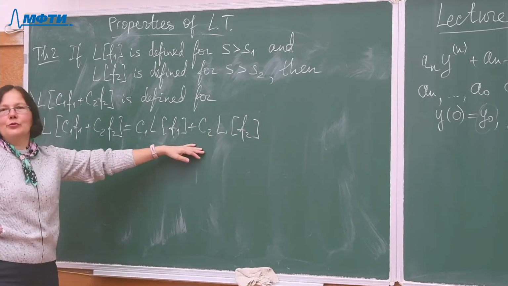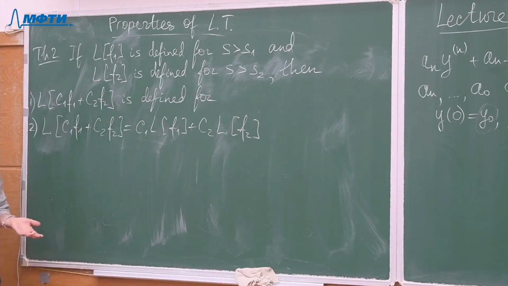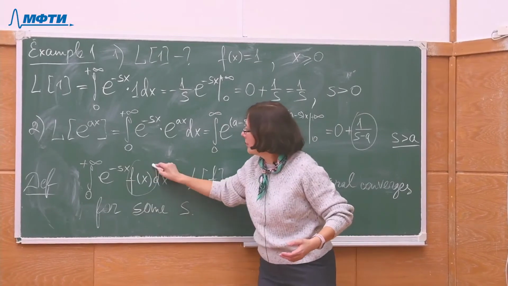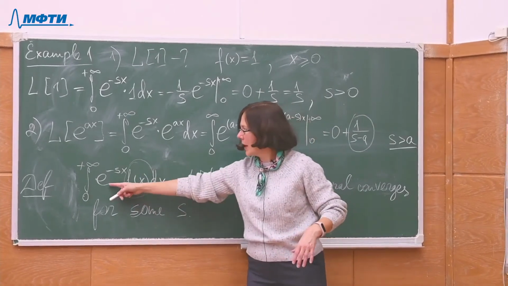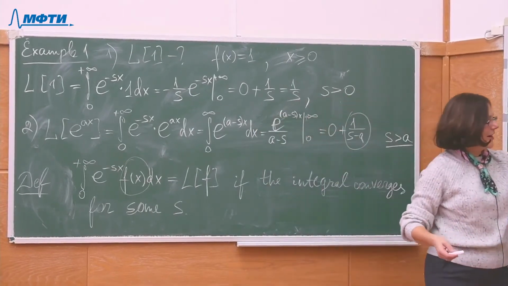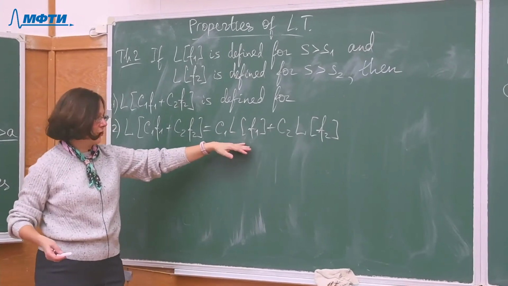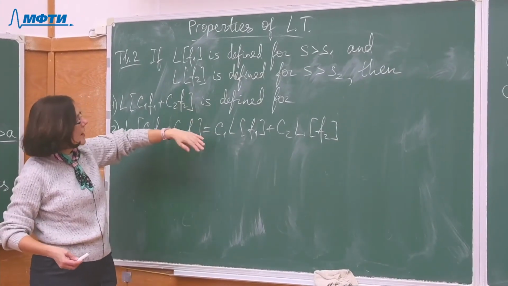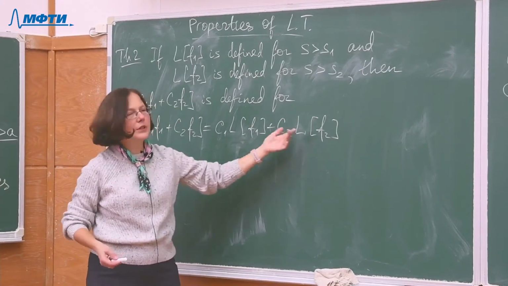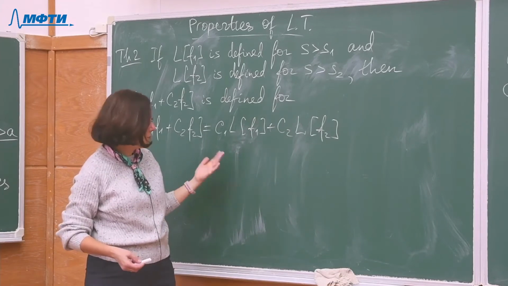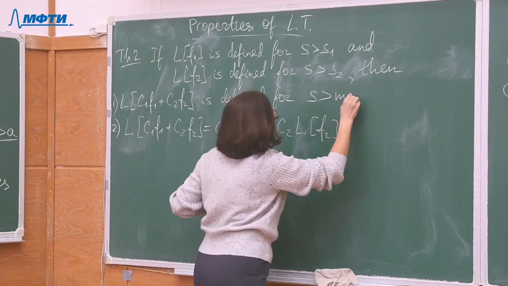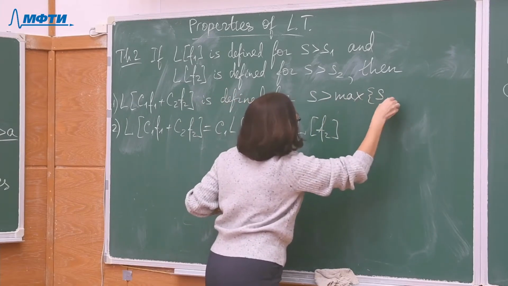This formula follows from the linearity of the integral, right? Since the integral is linear, if we multiply the linear combination of functions by e to the power minus sx and integrate, we may use the linearity of the integral. And so we can see that both terms should be defined, and so it is defined for s which is greater than the maximum of s1 and s2.